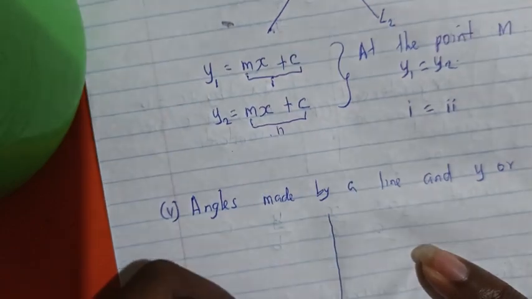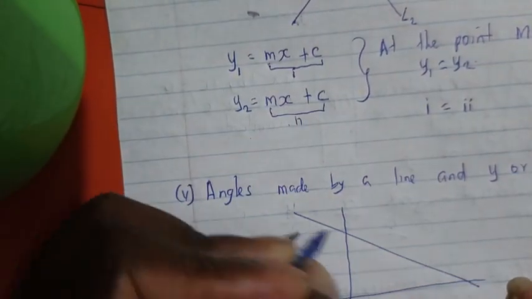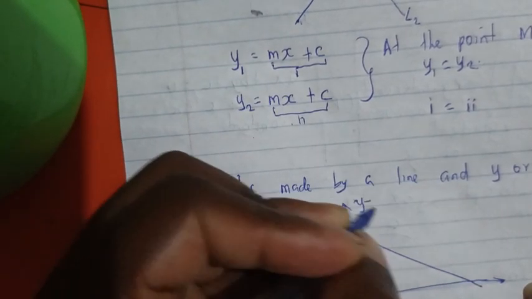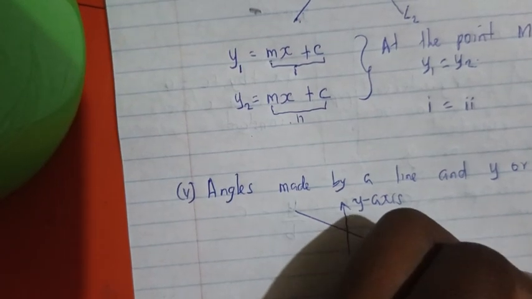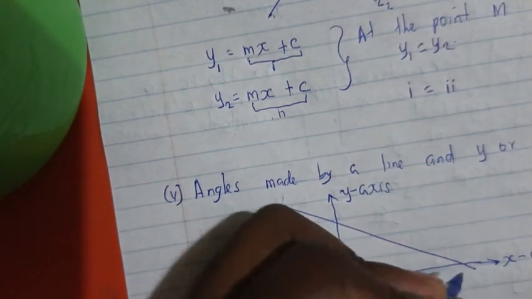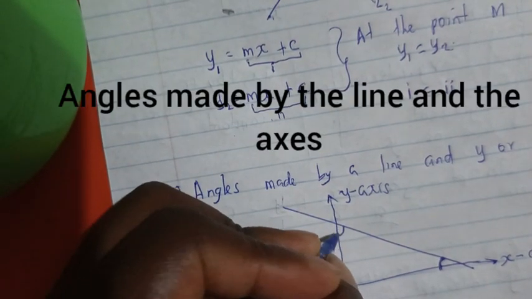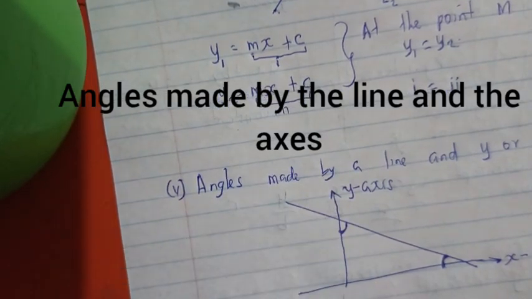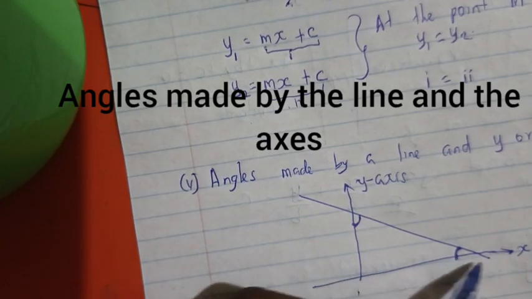Now if we have a line passing, this one is the y axis, this one is the x axis. If this one is our line, there is an angle made here, and we also have an angle made here. This one is the angle made by the line and the y axis, and this one is the angle made by the line and the x axis.